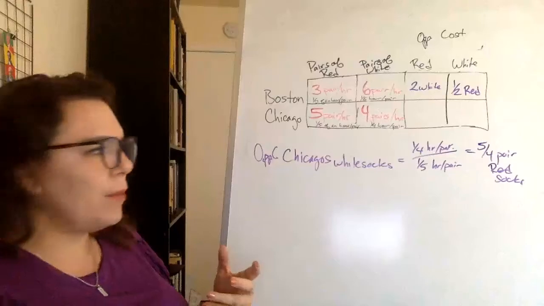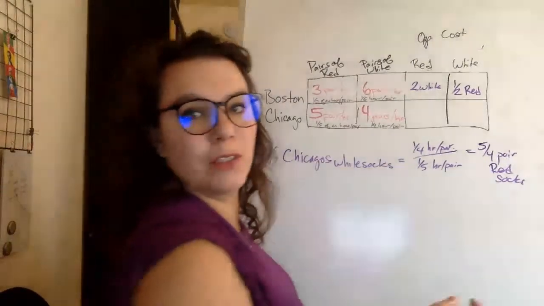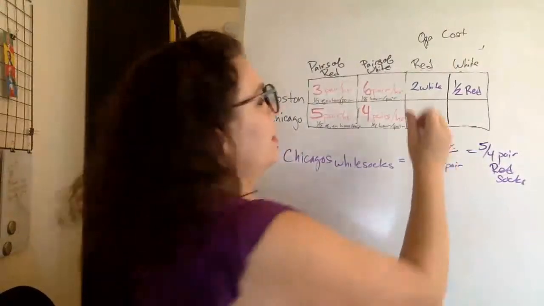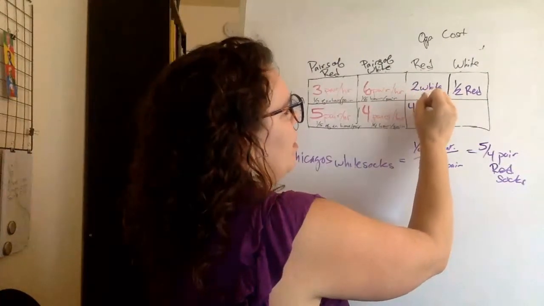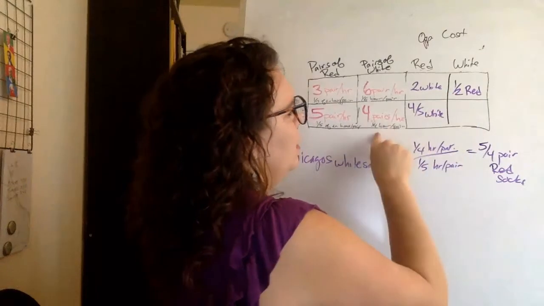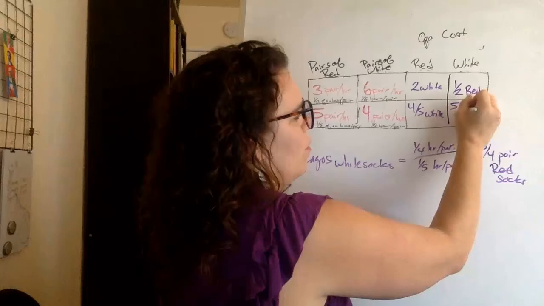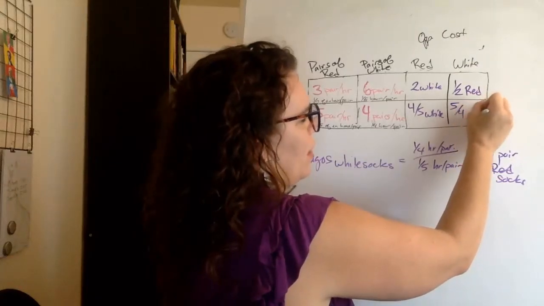And so the opportunity cost there is going to be 4/5. So the opportunity cost of a pair of Red Sox is 4/5 of a pair of white, and the opportunity cost of a pair of White Sox is 5/4 of a pair of red.